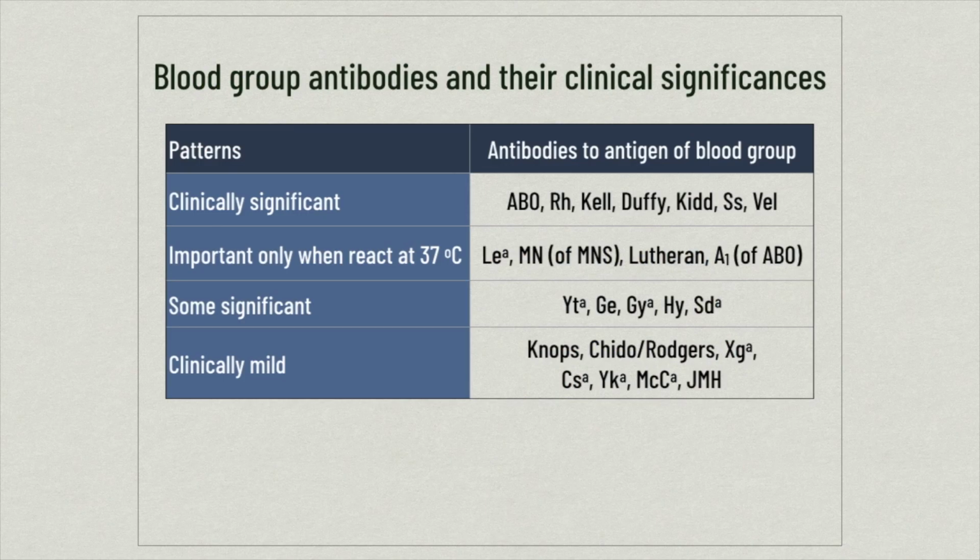This table presents the level of clinical significance of antibodies to blood group antigens, which varies from clinically significant to clinically mild. For example, antibodies to antigens of blood groups ABO, Rh, or Kell are clinically significant, while anti-Lewis A or anti-MN of the MNS blood group system are important only when they react at body temperature.